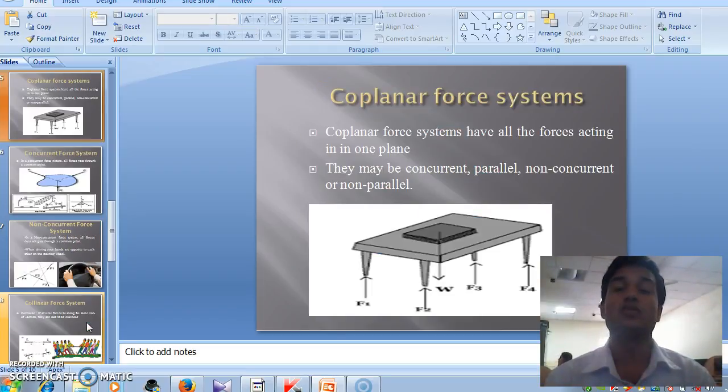So let's know what is the coplanar force system. A coplanar force system has all the forces acting in one plane. Means all the forces acting on a body should be in the same plane.